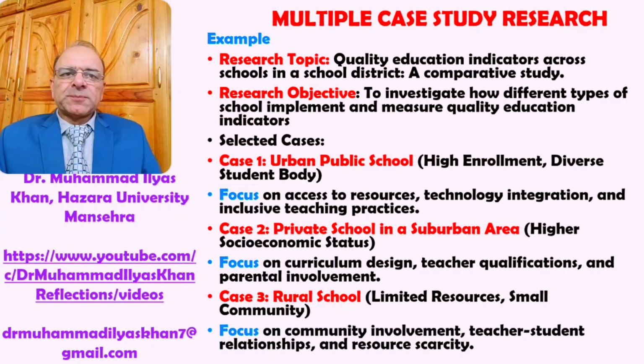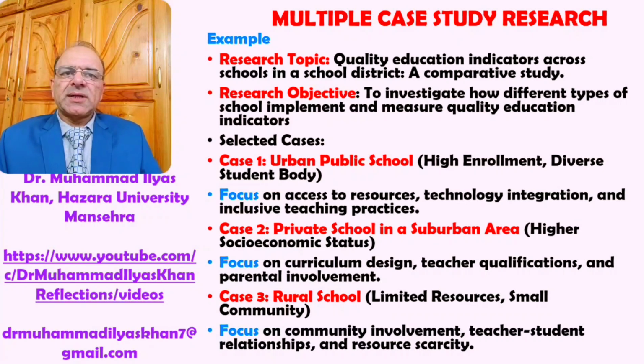The third school is a rural school, and this school has limited resources and basically represents a small community. Now, the focus of this particular school in terms of quality indicators is on community involvement in the educational process or in the school life, teacher-student relationships, and one of the characteristics is to deal with resource scarcity.